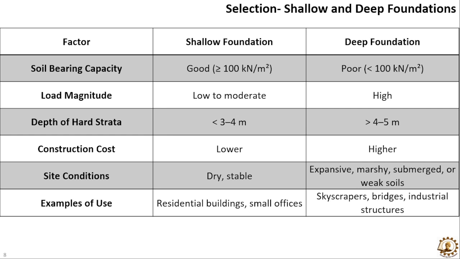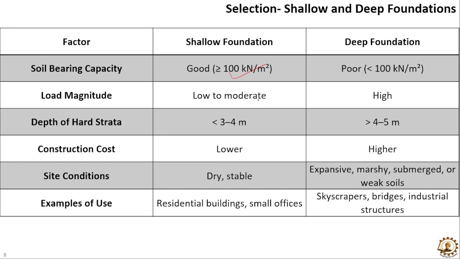Now let us compare in which situation we should prefer shallow foundation or deep foundation. If the soil bearing capacity is greater than 100 kN per meter square, we can use shallow foundation. If the bearing capacity is less than 100 kN per meter square, we use deep foundation.